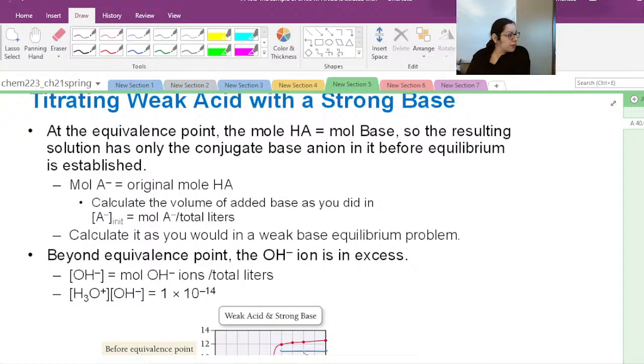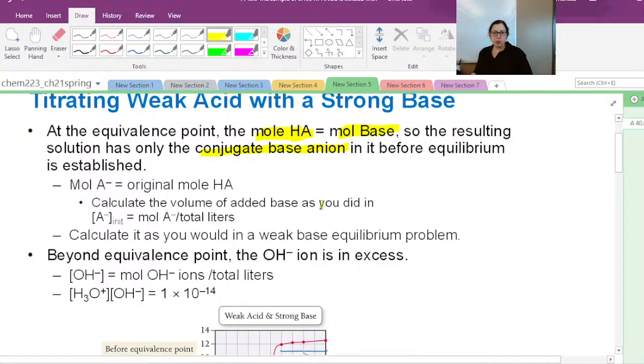And so again, we have our titration, so by definition, at our equivalence point, our moles of our acid equals our moles of base, and so then our solution has our conjugate base ion, so we will have to figure out what the pH contribution of that is.